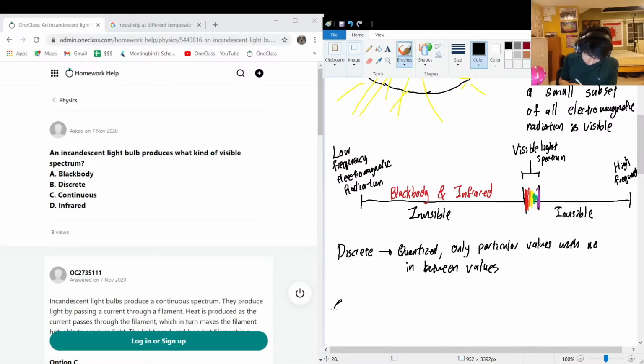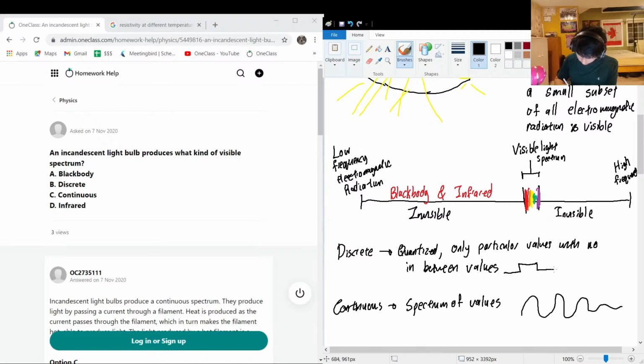And then we have continuous. And this is a spectrum of values. So a continuous value or a continuous signal could look something like this, but a discrete value or signal is going to look something like this. Maybe if you get more into computer land, you'll see computers really like dealing with discrete values because computers are based in binary, and binary is very well suited to discrete math. But continuous values are more like your everyday stuff.